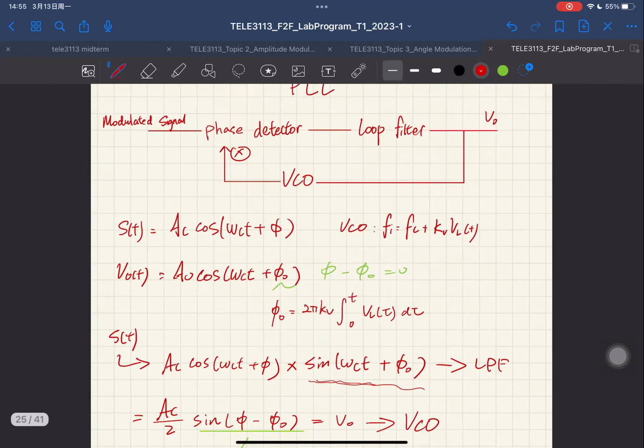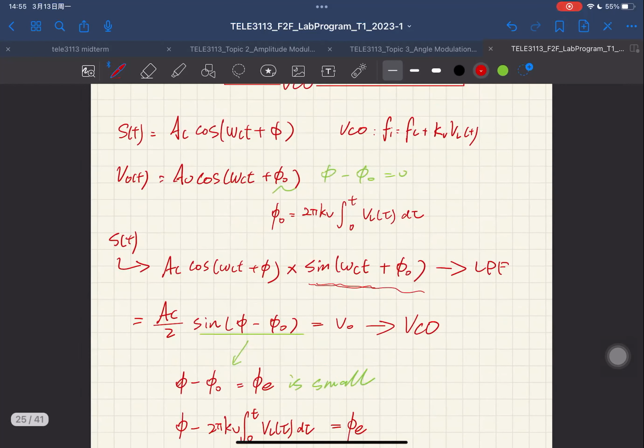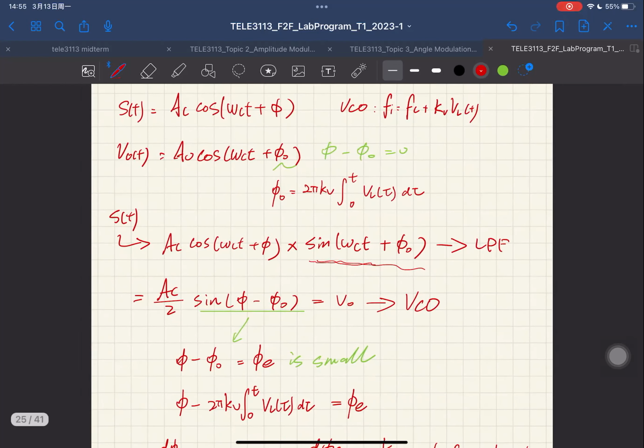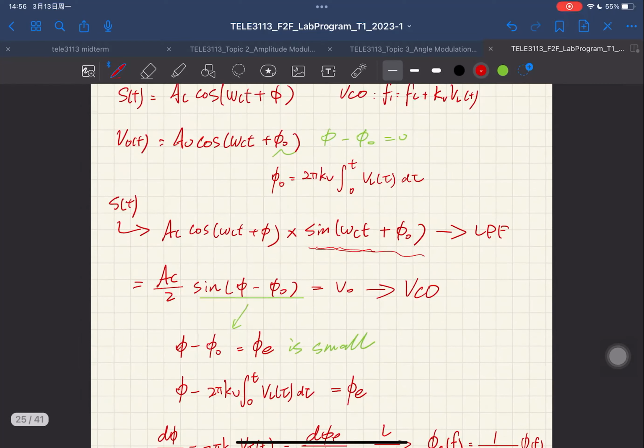After you go through this loop filter, you're left with only A_c over 2 times sin(phi minus phi_0). And we have to assume this sin(phi minus phi_0) is really small.